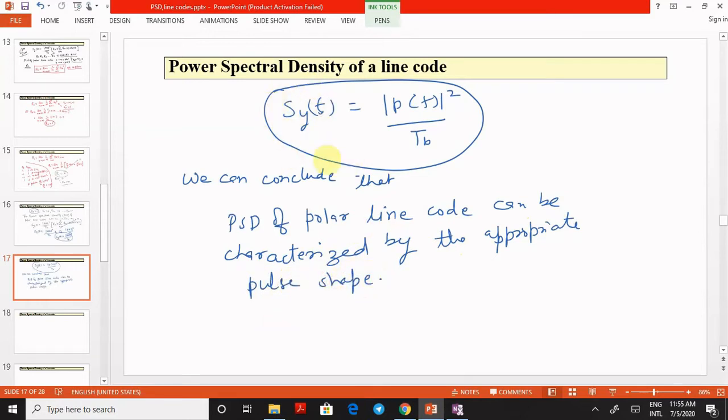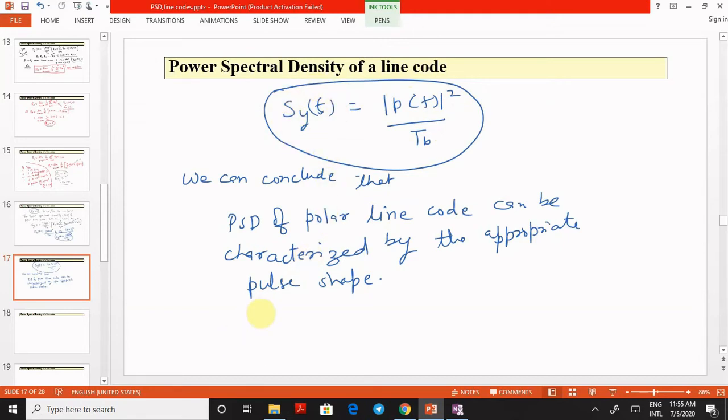Because in this factor only P(f) is available with us, and the value of P(f) will ultimately decide the power spectral density of this polar line code. So whatever pulse P(f) we choose, it will have a high impact on the properties of this polar line code.